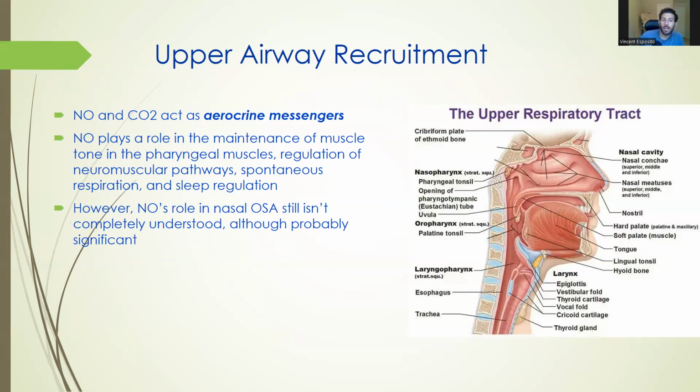Now, again, nitric oxide's role in this is to maintain tone of the pharyngeal muscles and regulate the neurological pathways to these muscles. But nitric oxide's role in nasal obstructive sleep apnea still isn't completely understood, but it's probably significant. So important to keep this in mind.